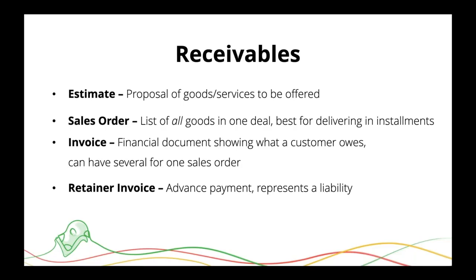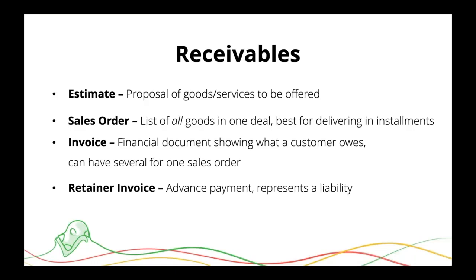So you'll be hearing me refer to quotes as estimates throughout this webinar. That's just the name we chose. I don't think there's any really big reason for that. So an estimate is just a proposal of all of the goods or services that you're going to offer your customer. So usually you're using an estimate / quote when you're trying to close a deal.